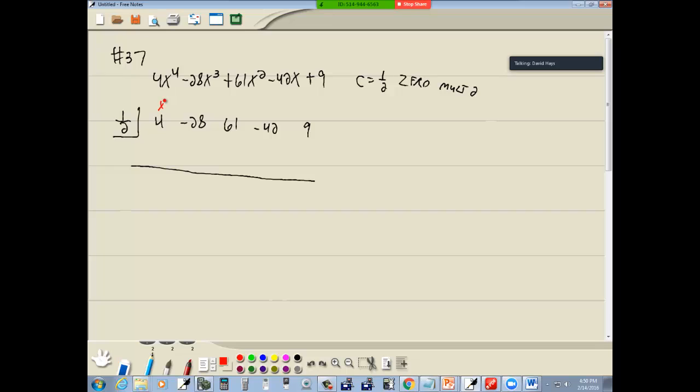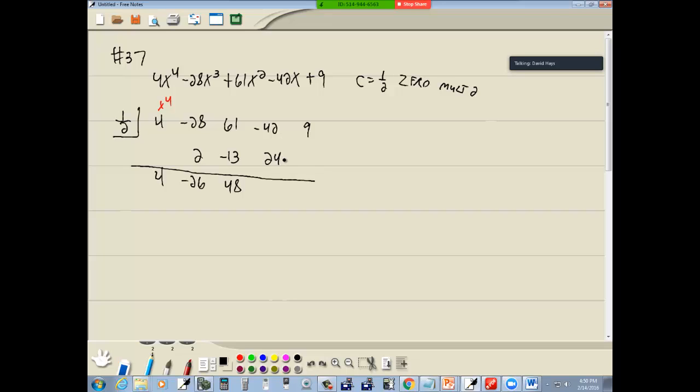And this is x to the 4th. So I'll add, multiply, 1/2 times 4 is 2. Add, that's negative 26. Multiply, 1/2 times negative 26 is negative 13. Add, 48. Multiply, 1/2 times 48 is 24.